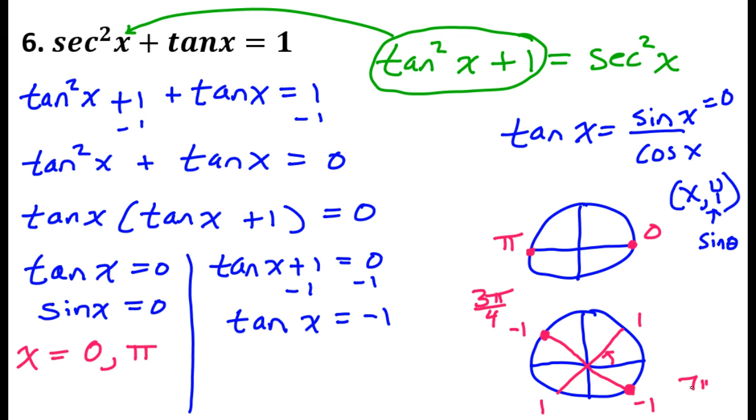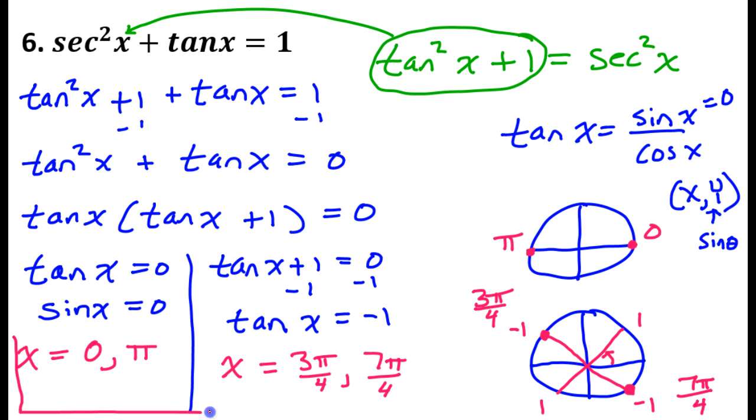So this angle over here is the angle 7 pi over 4. So the two additional solutions that we're going to get will be 3 pi over 4 and 7 pi over 4. So we have these 4 solutions to the equation.